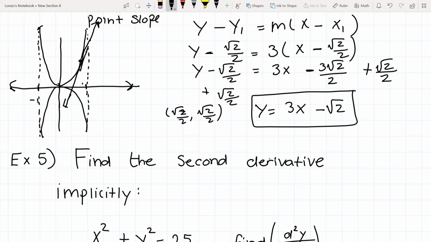So this line here is going to be y equals 3x minus radical 2. That was a lot of work, but you found the equation.